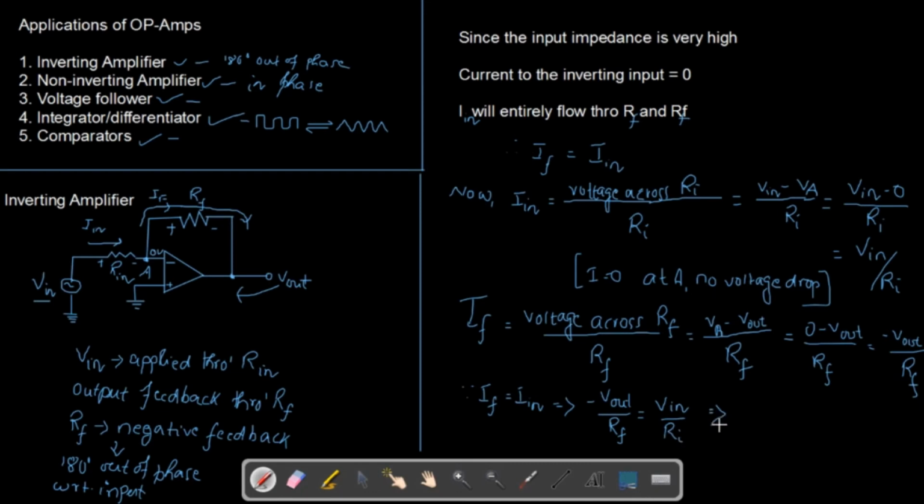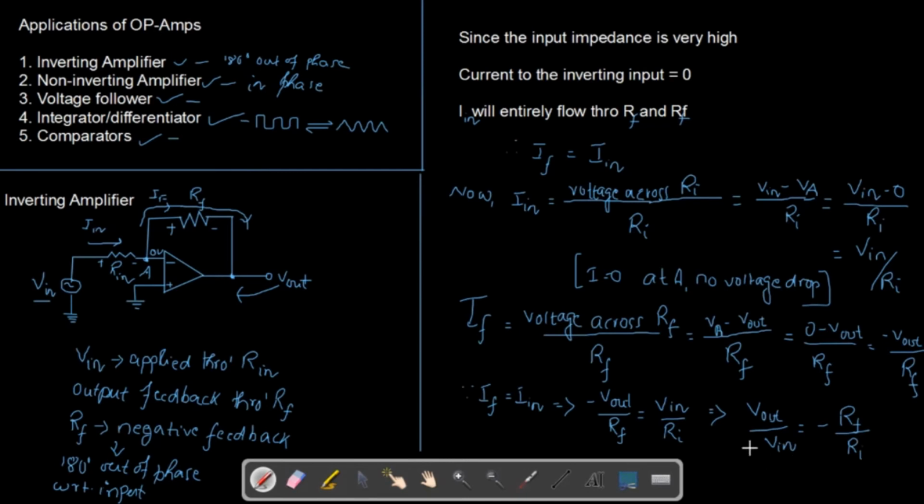And then from here we can actually write down what is V out by V in. There is a minus sign, so I'll just write it down as minus of Rf divided by Ri. So if you take the ratio of the two resistances, you basically get V out by V in, okay?